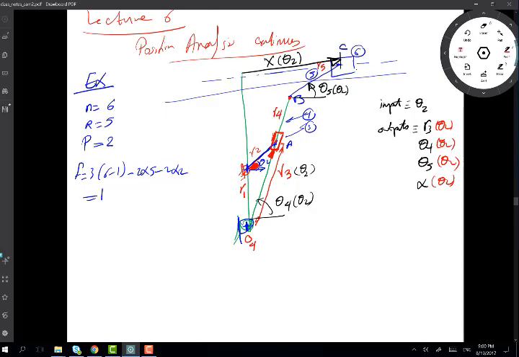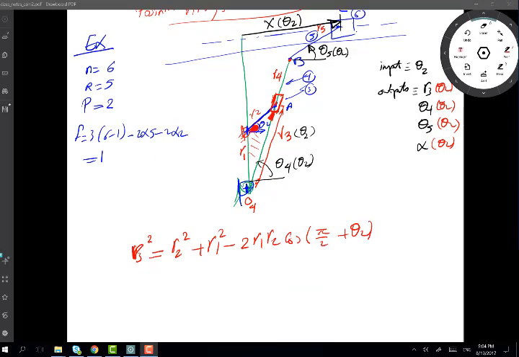From this small triangle, I can write an expression for R3 straight away. R3 squared is equal to R2 squared plus R1 squared minus 2 R1 R2 cosine of the angle between the two sides, which is 90 plus theta 2.